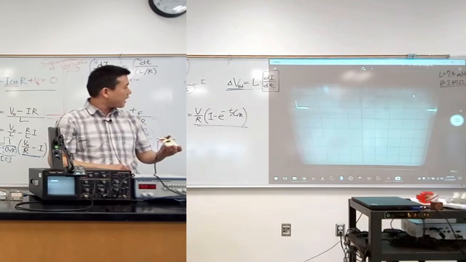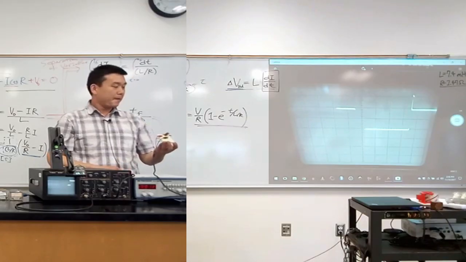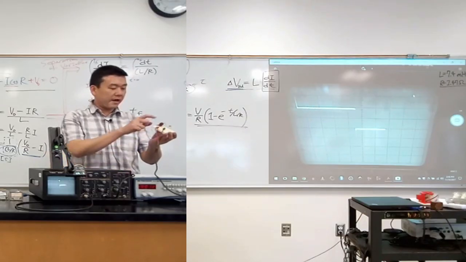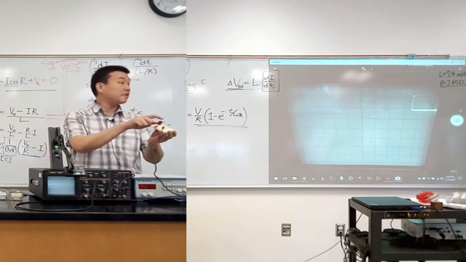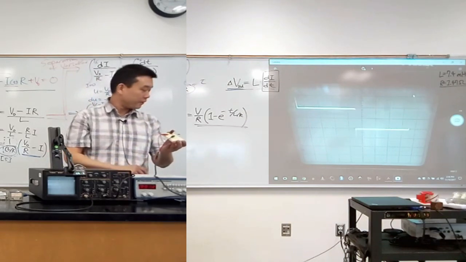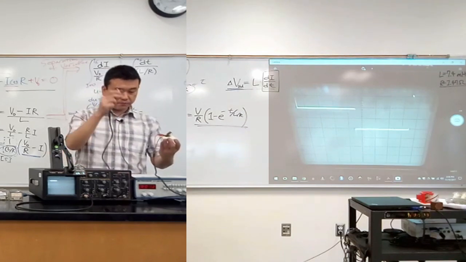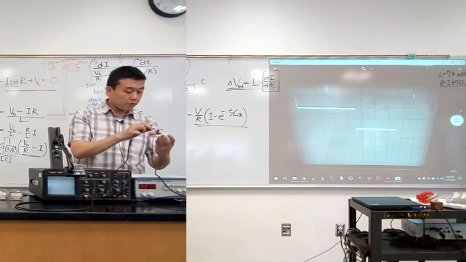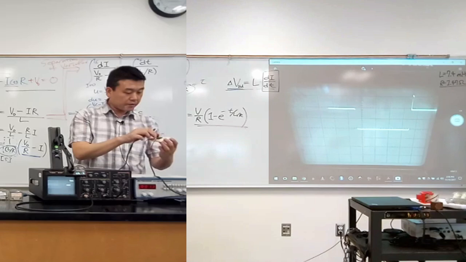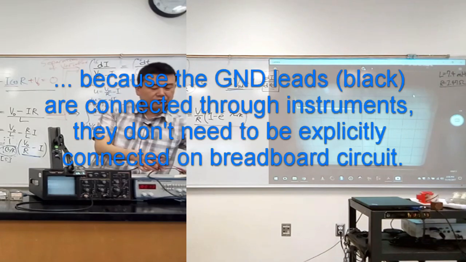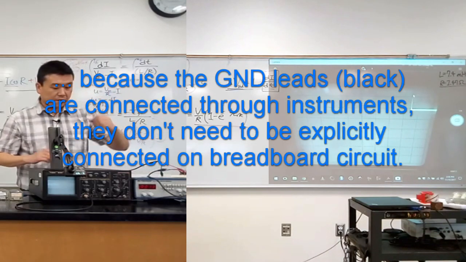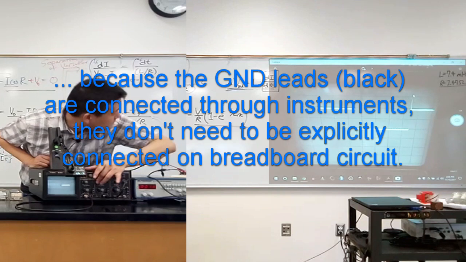Some things have changed. I want you to ignore that for now. A lot of things have difficulty driving inductive loads properly. And I'm going to try to measure the voltage across the resistor here. I don't really have to attach the ground. Turn on channel B.